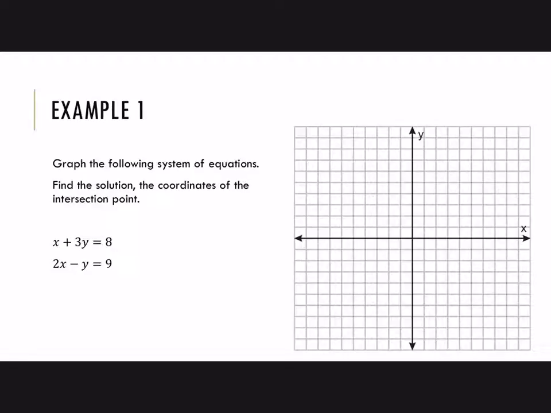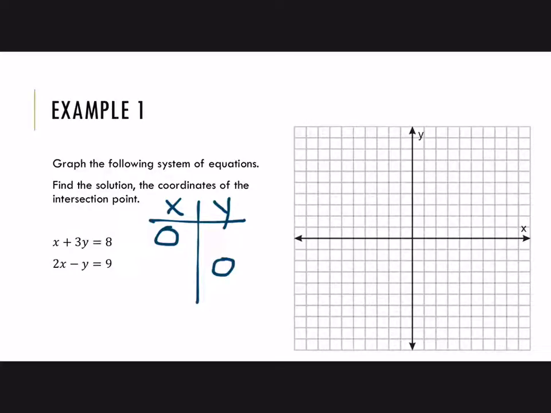Alright, let's try finding the intercepts first. Let's make a little chart of values here. When x is 0, we can solve for y, and when y is 0, we can solve for x.